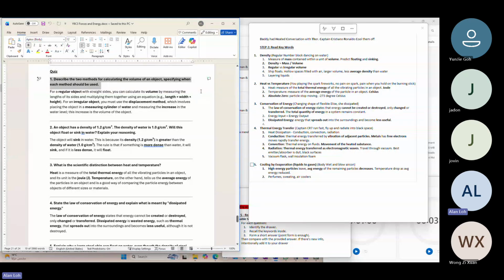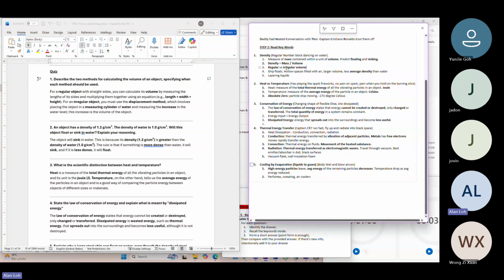I'm sure it's going to be something related to the regular and irregular volume of a displacement method, right? Then I'm sure it's going to be something related to how you calculate regular object, then how you're going to calculate irregular object, and I think that's it.